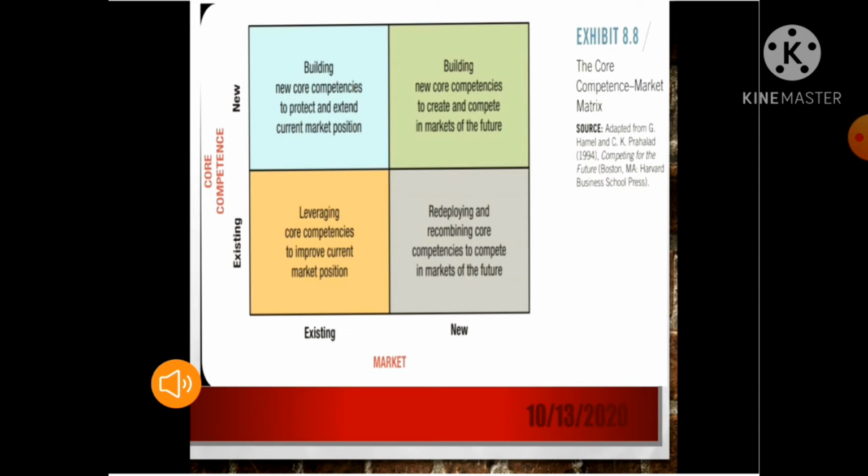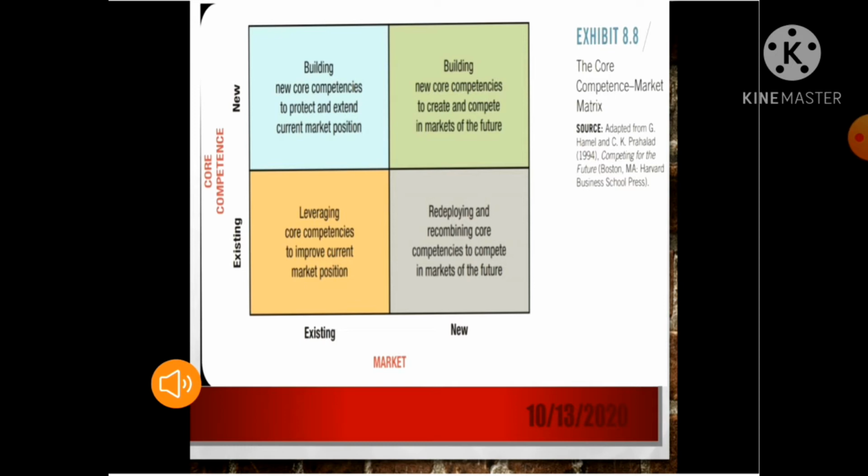The upper left quadrant combines new core competencies with existing market opportunities. Here, managers must come up with strategic initiatives to build new core competencies to protect and extend the company's current market position. Finally, the upper right quadrant combines new core competencies with new market opportunities.